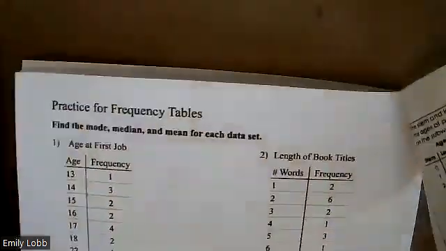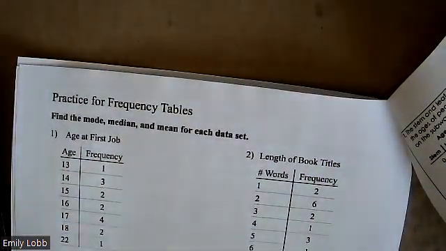So take some time right now. Do what you can in there. Tomorrow, we're going to spend the first bit just reviewing, and then you're going to take the quick quiz on our data unit. Okay?